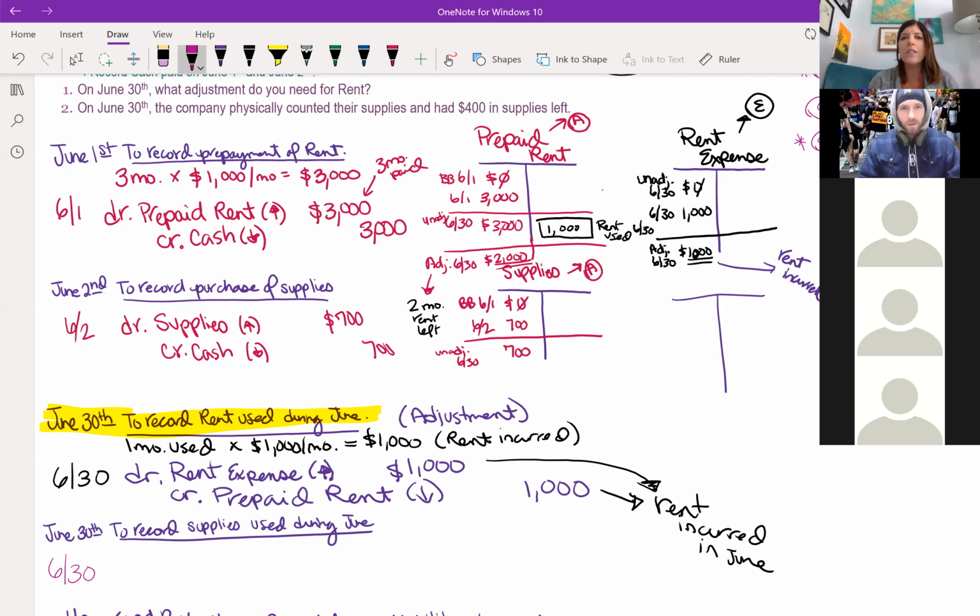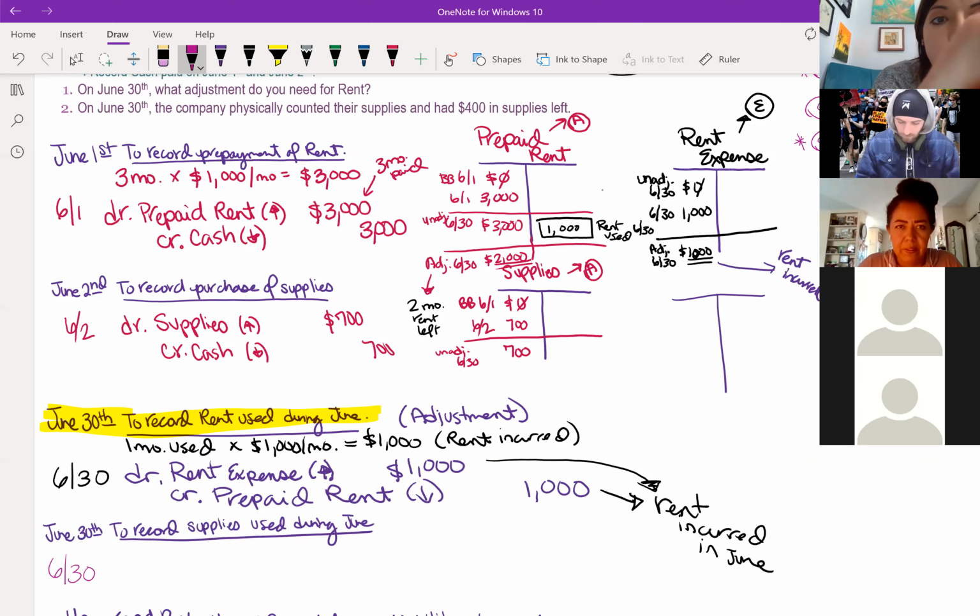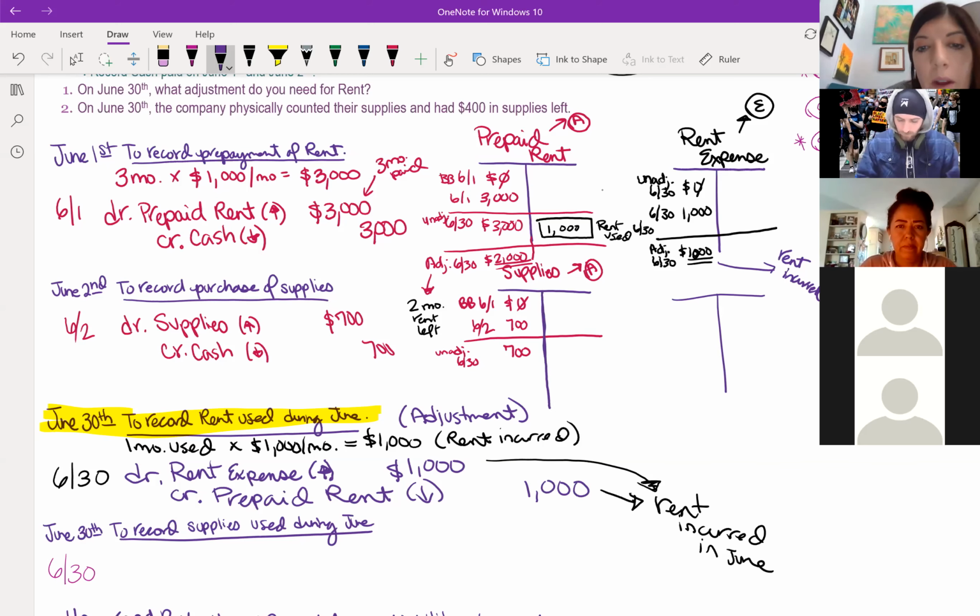So next one. The company physically counted their supplies and had $400 worth of supplies left over. Are they telling you how much in supplies you have left, or how much in supplies you've used? How much in supplies left? So is that the ending balance?